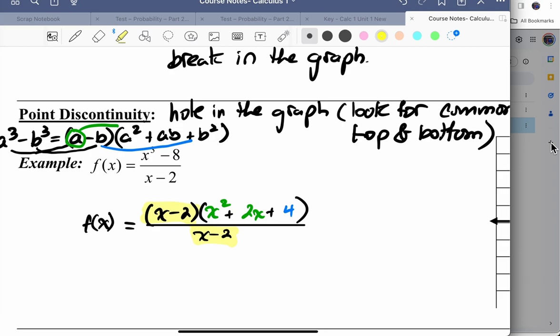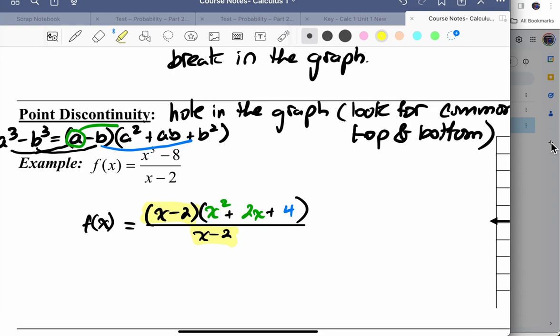Because it's kind of like when you were solving a quadratic, or actually any kind of equation. If you divided both sides by a variable and it canceled out, that meant that you were losing a solution in most cases. All right. So you think about the different things that you can do when you're working with a function.